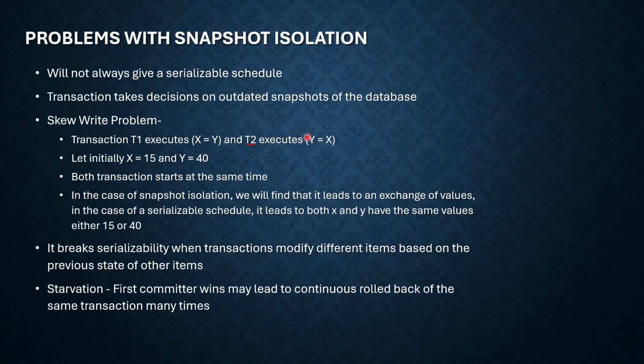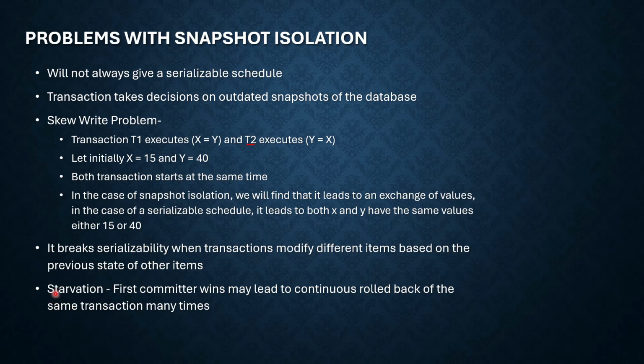This is a read-write conflict, but snapshot isolation fails to handle it. So initially x equals 15 and y equals 40. In snapshot isolation, it leads to an exchange of values. In a serializable schedule, both x and y have the same values, either 15 or 40. It breaks serializability when transactions modify different items based on the previous state of other items. That is simply a read-write conflict.